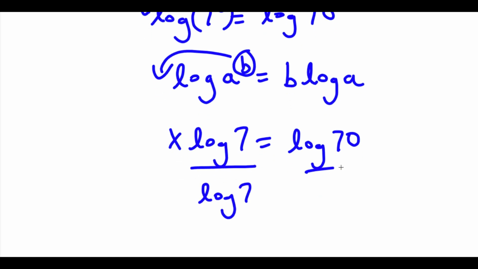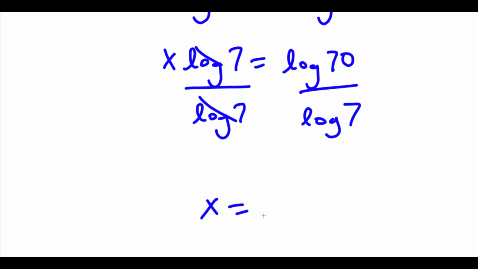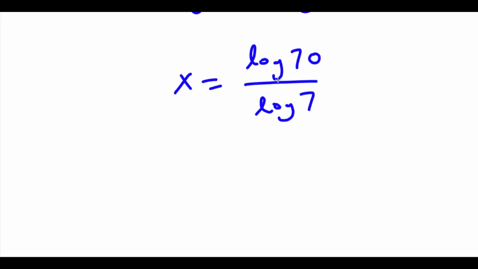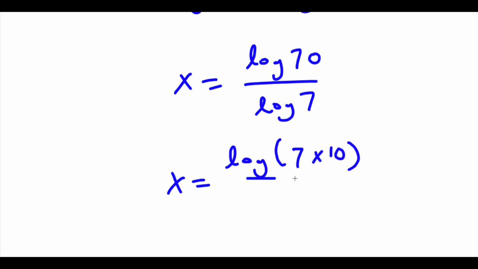Now I can divide both sides by log 7. So then these two cancel out. Now I'll be left with x is equal to log 70 over log 7. Now log 70, this is the same thing as log 7 times 10.